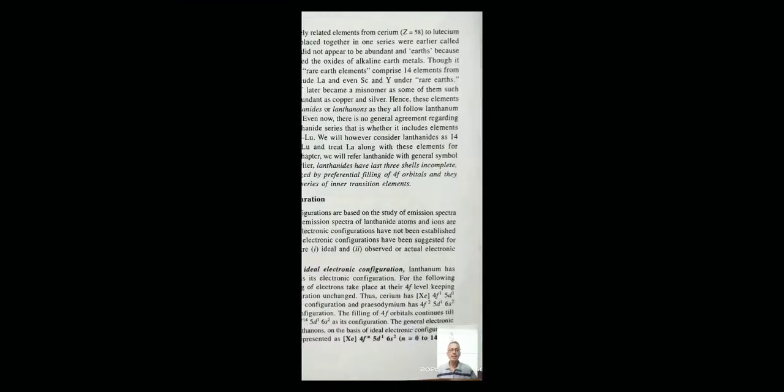So this is very simple to understand. The general configuration for the lanthanides is represented as 4f n+1, 5d0, 6s2. You can see the table in the next slide.